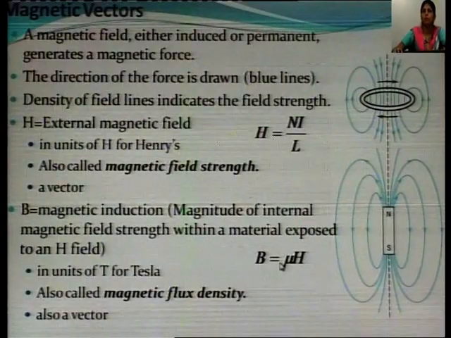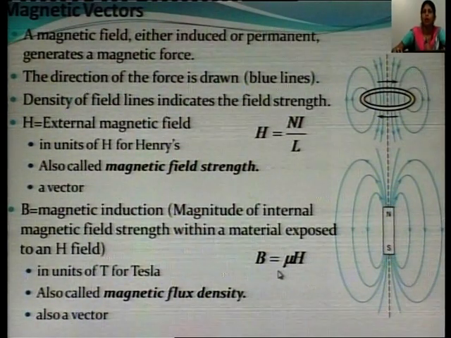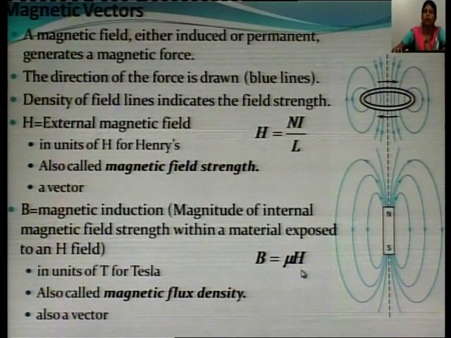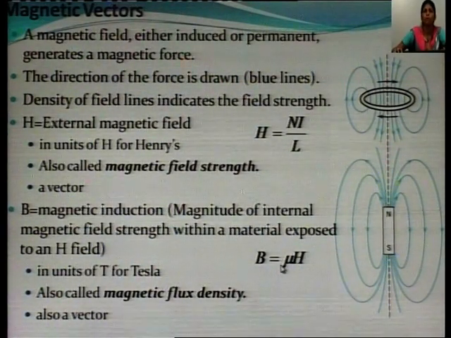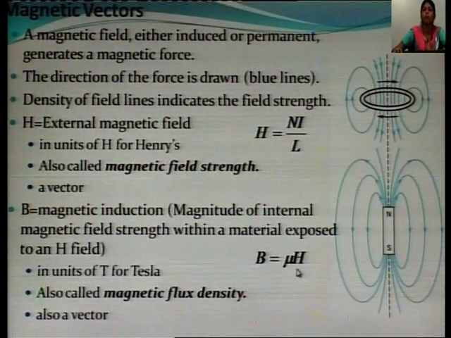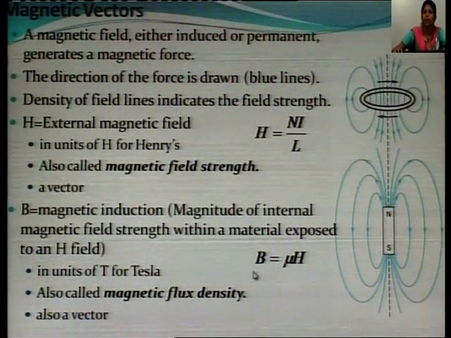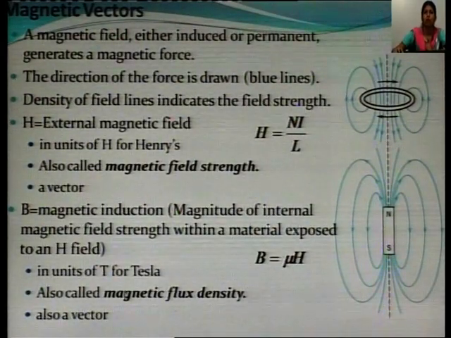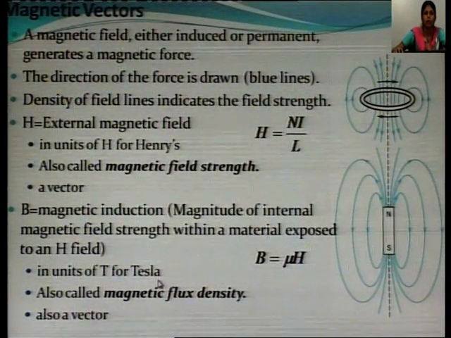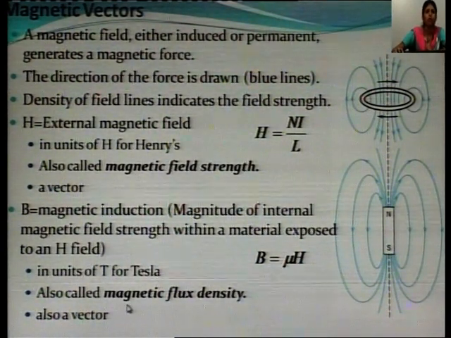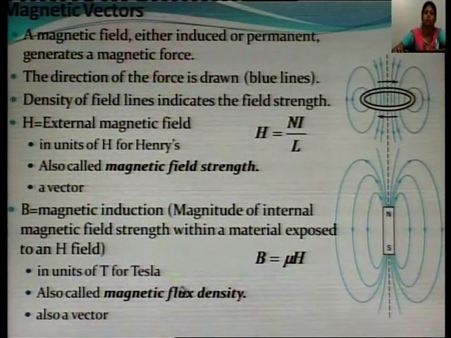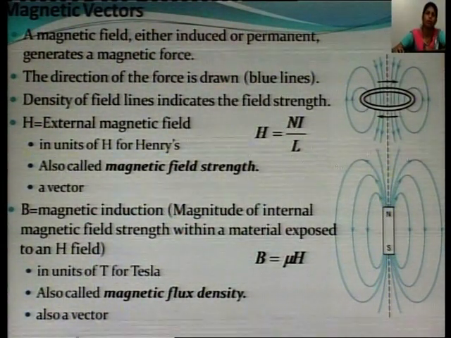Now B is represented as mu H. As you know, B is directly proportional to H, and in order to remove the proportionality sign, we have added a mu, where mu is the permeability of the material. So B equals mu H. The unit of B is Tesla or Weber per meter square, and it is also known as magnetic flux density, as we have discussed in the previous slide, and it is also a vector quantity.